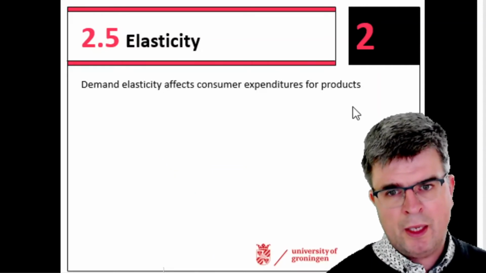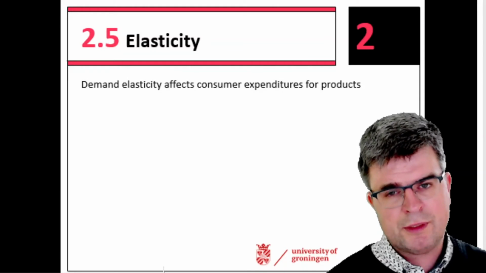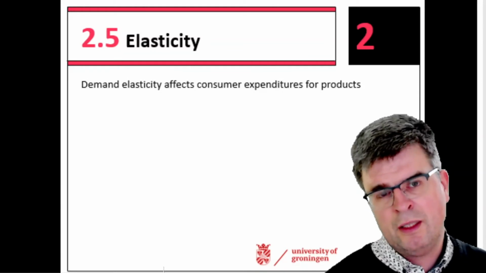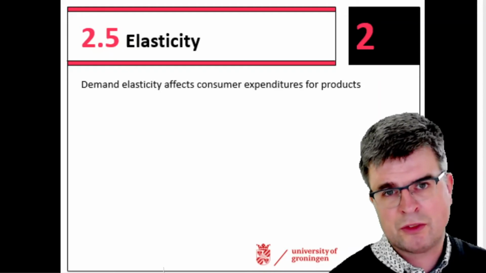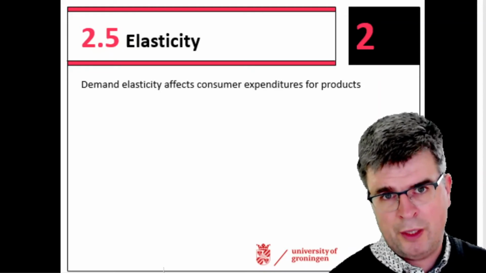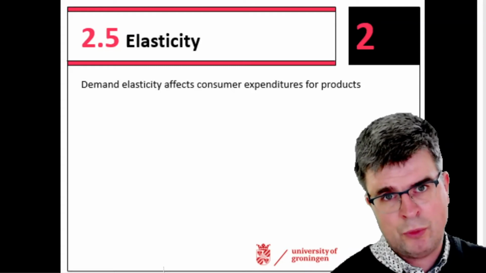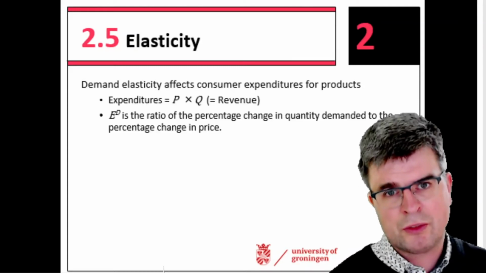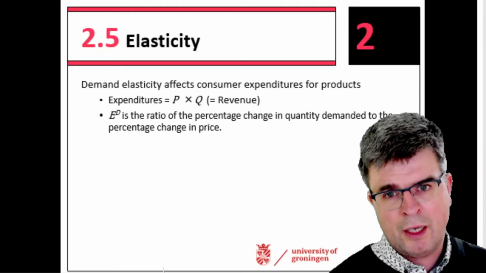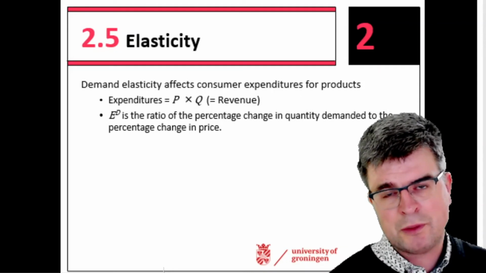So it's also important to notice that the demand elasticity also tells us something about how the expenditures by consumers fluctuate if you change the prices. And the expenditures are expressed as the quantity times the price.